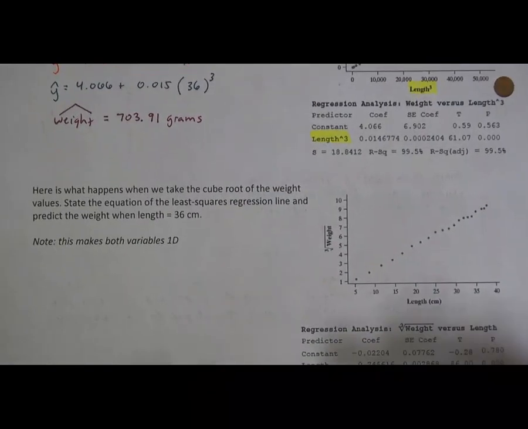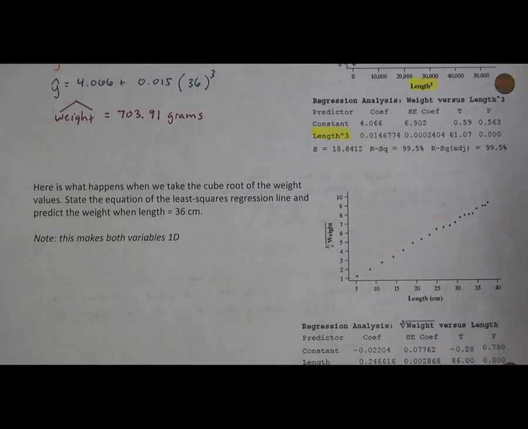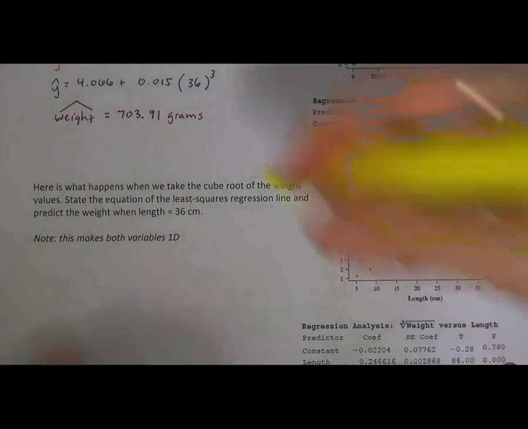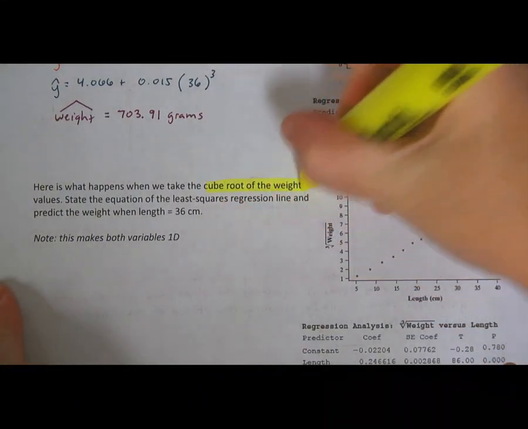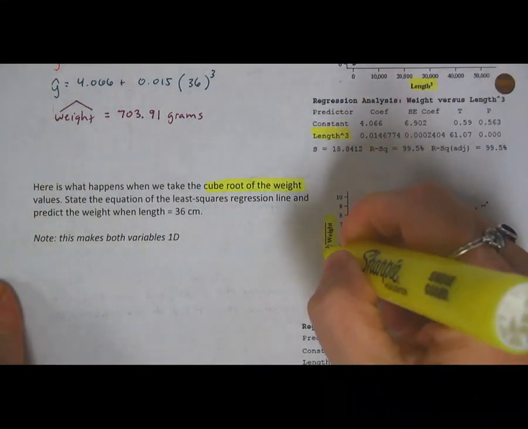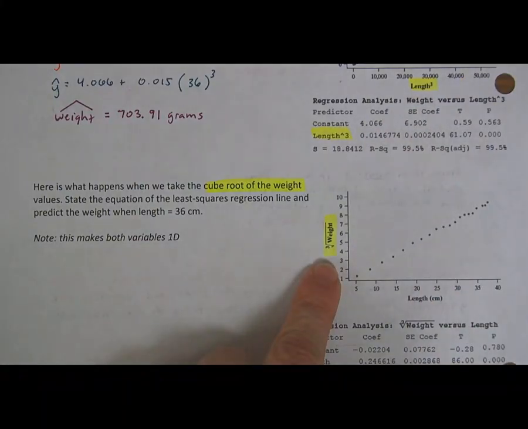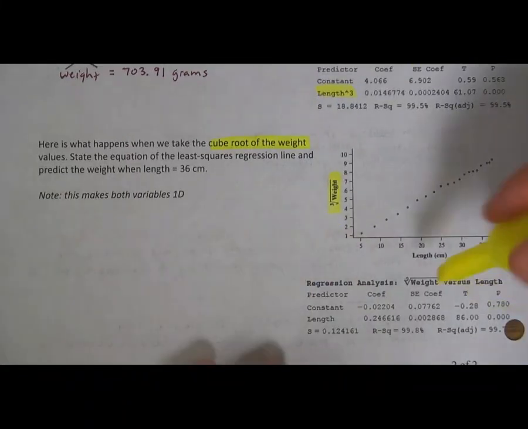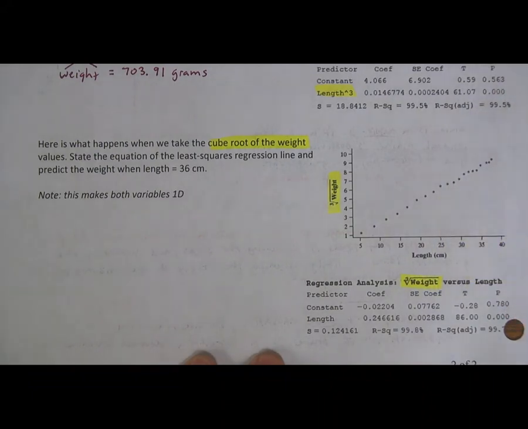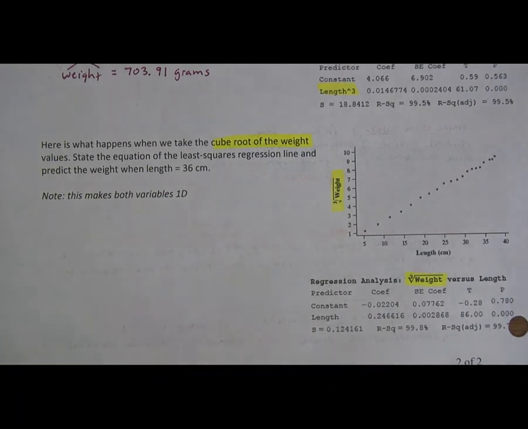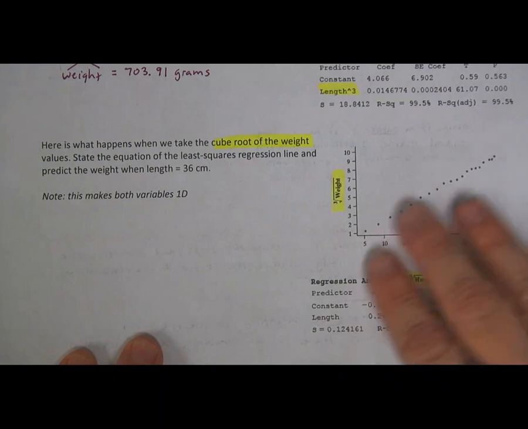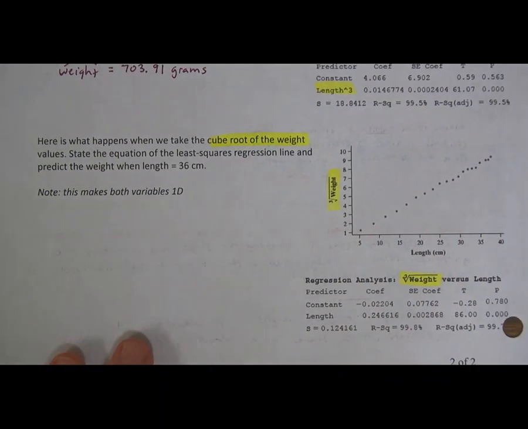Down here, if we took that kind of curved pattern between length and weight of the rockfish, and we took the cube root of the weight, you can find that here. The cube root of the weight was taken from the original data, and it straightened all of the data out into more linear association.